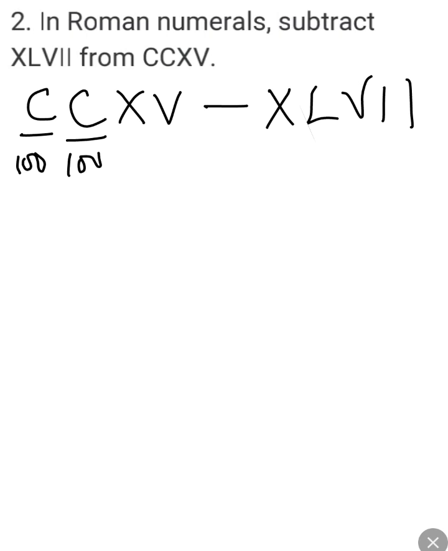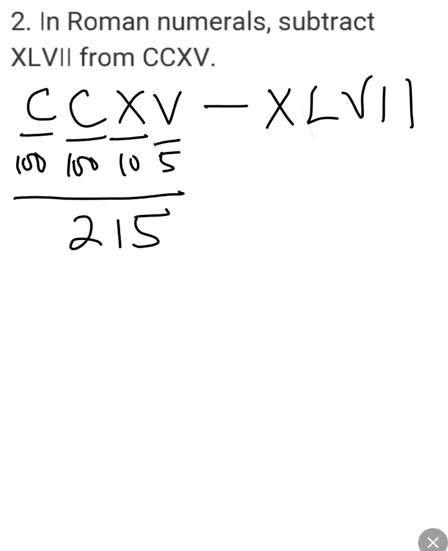Then I'm having SV, S is 10 and V is 5. So the S will be on its own as 10 and the V will be on its own as 5. And when you add everything together, is actually 100 plus 100, 200. 200 plus 10, 210. 210 plus 5. So the entire value is actually 215.